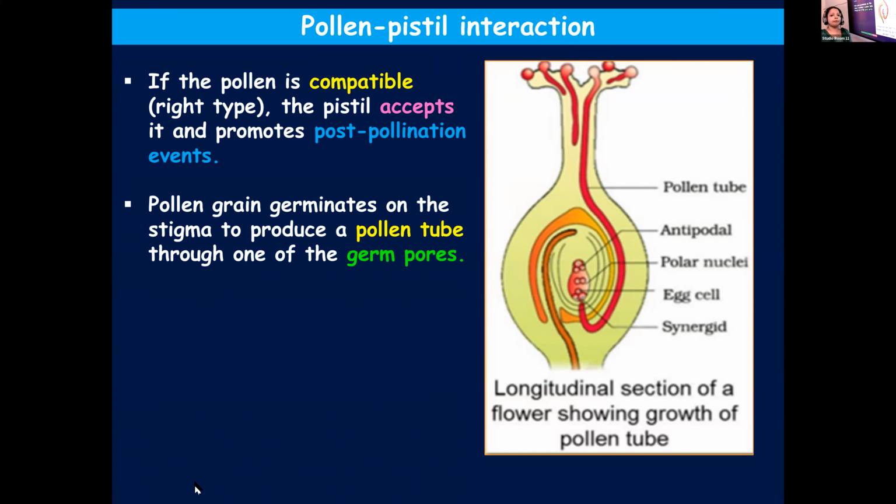Pollination means transfer of pollen grains from the anther to the stigma. Now pollination is completed. Then the post-pollination events mean germination of pollen, formation of pollen tube, etc. Pollen grain germinates on the stigma. As you can see in the figure, you can see pollen grains in different stages. Some have not germinated, some have already germinated, and a small pollen tube you can find.